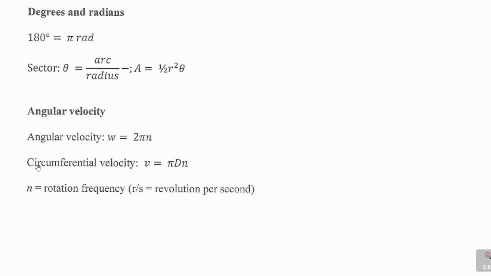Now circumferential velocity V is πdn, where n is the rotational frequency, which is revolutions per second. So don't forget angular velocity is 2πn. That's what you're going to use here.